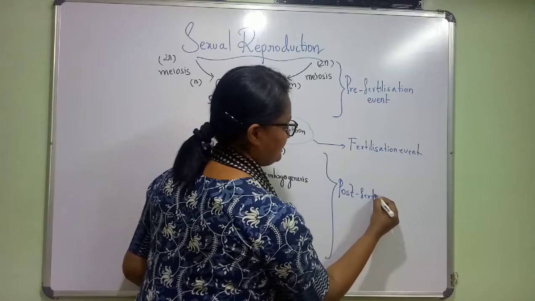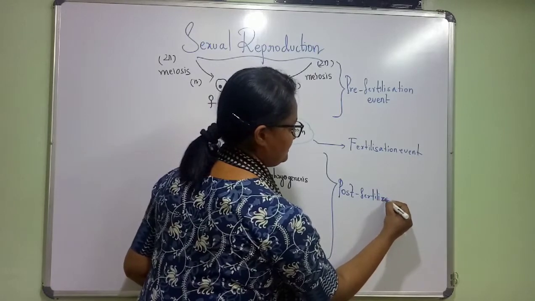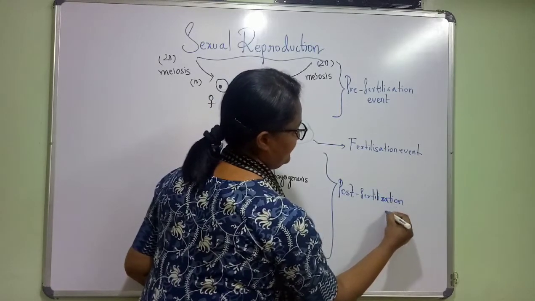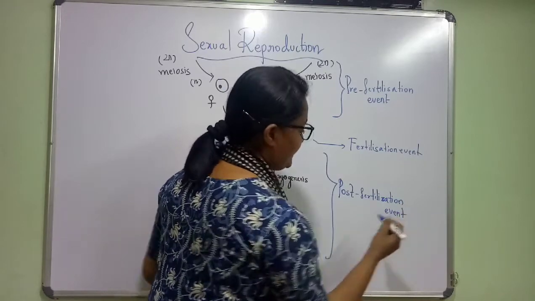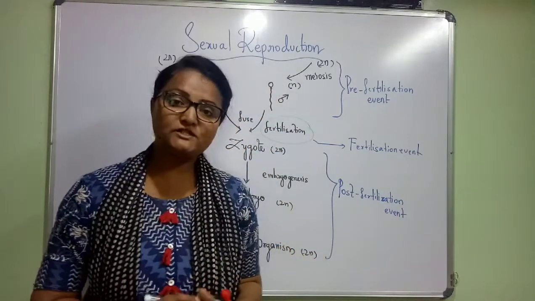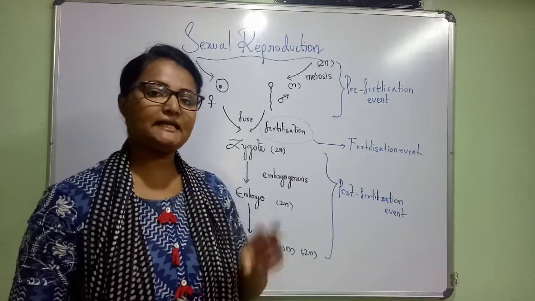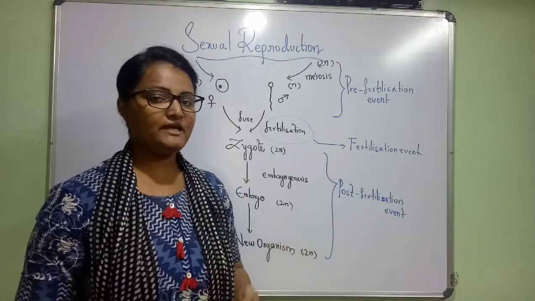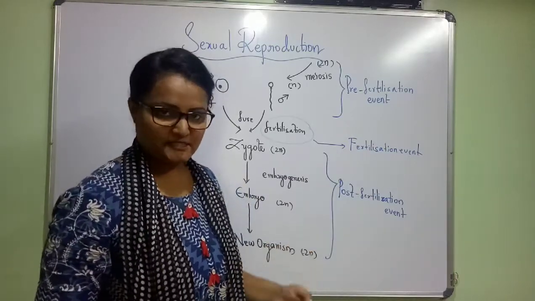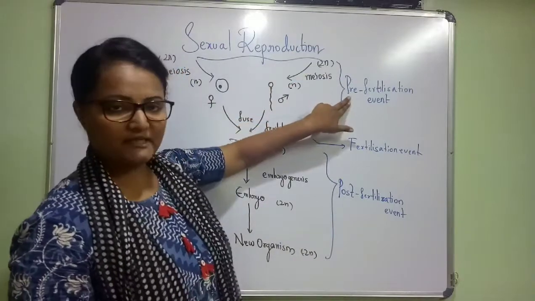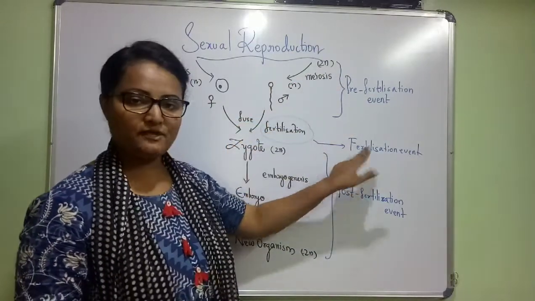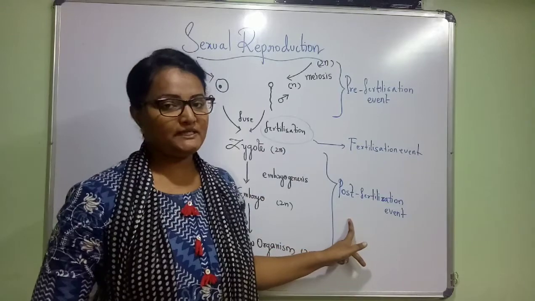So the events or stages of sexual reproduction are classified into three different events or steps: the pre-fertilization event, fertilization event and post-fertilization event.